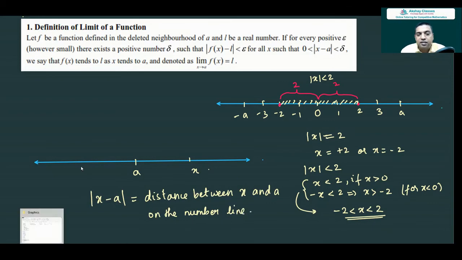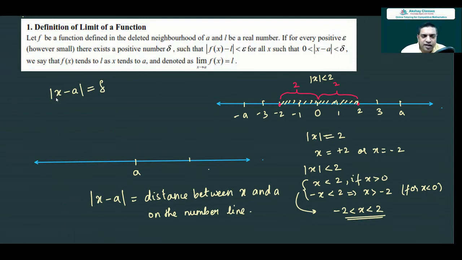Okay. Now, just see this, modulus of x minus A equal to delta means, I have 2 points of x such that its distance from A is equal to delta.